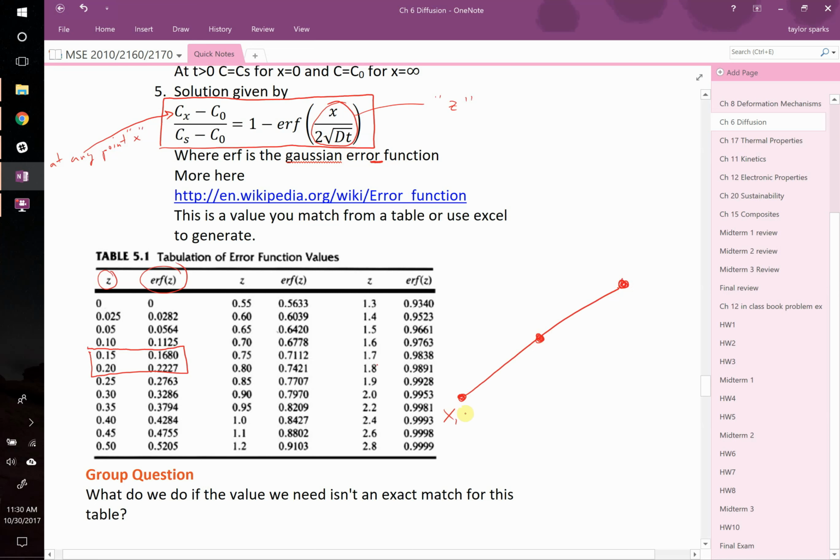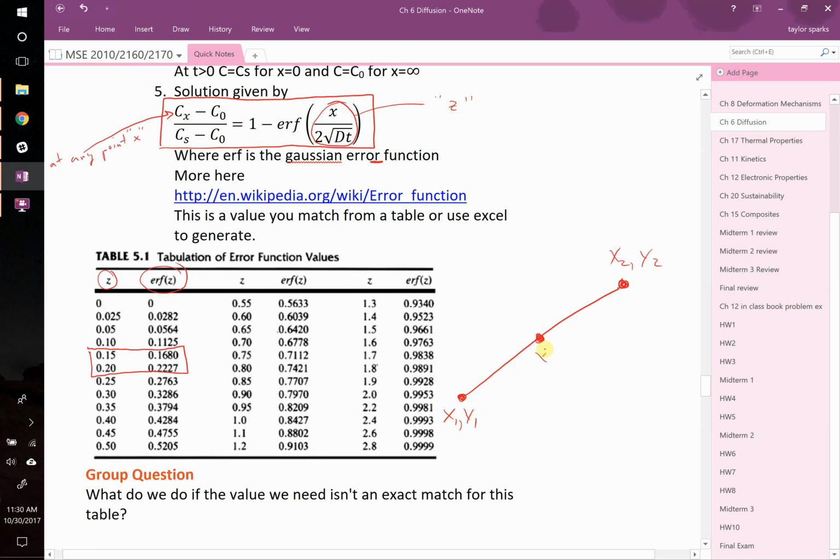So for example, this is x1 and y1, that's x2, y2, but you want to figure out your point at x and y, you can apply the linear interpolation formula, which is given as follows. y minus y1 over x minus x1 equals y2 minus y1 over x2 minus x1, right?